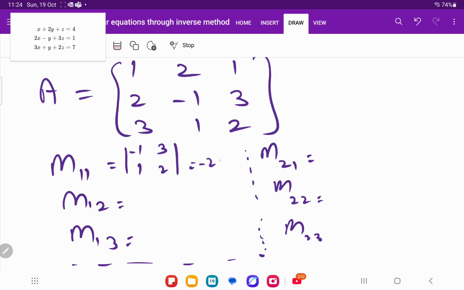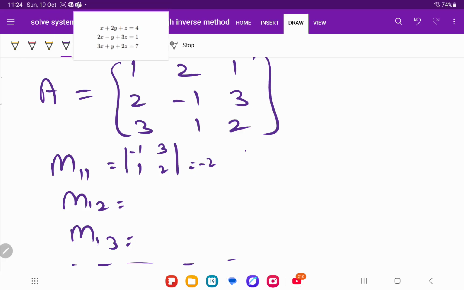1 multiplied by 3, the answer is minus. Let me calculate this one. Just minus 3. Why minus 3? 1 multiplied by 3 is plus, so why am I writing minus 3?